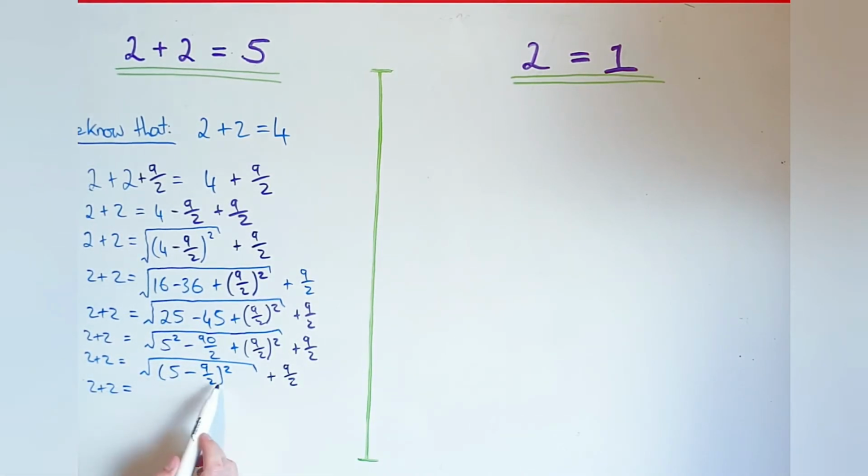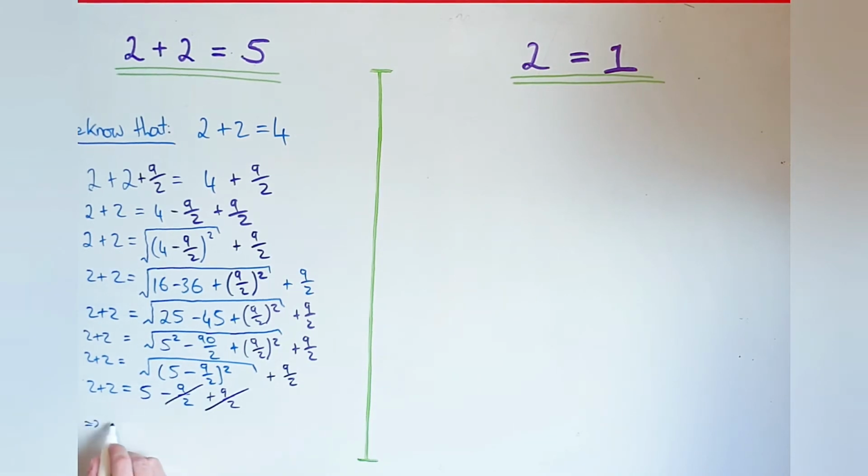We have a squared expression underneath the square root, so we can just cancel the square with the square root. That leaves us with 5 minus 9 over 2, and then we still have our plus 9 over 2 here. But we can just cancel these with each other. And then this leaves us with 2 plus 2 equals 5.